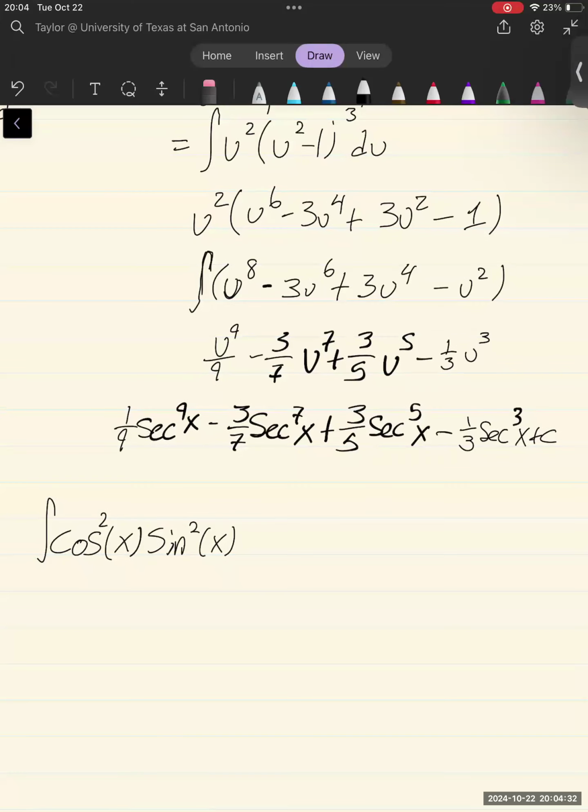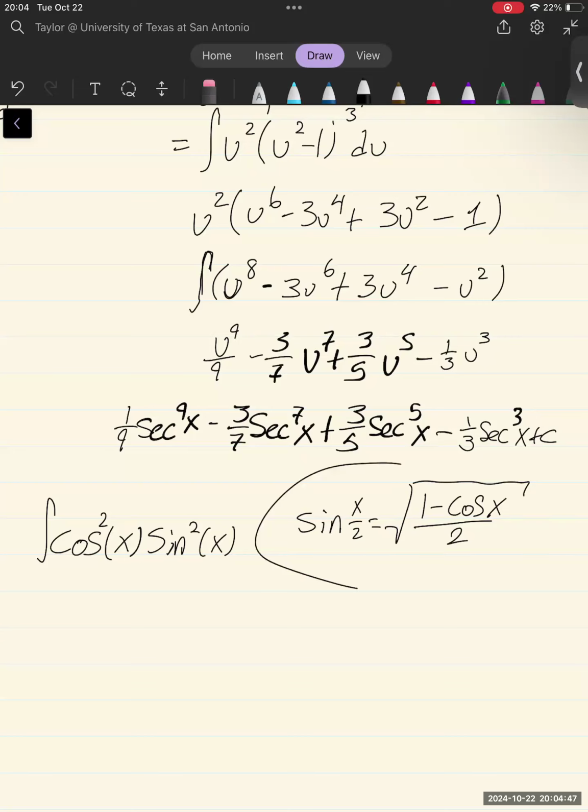That identity though is sine of x over 2 equals the square root of 1 minus cosine x over 2. And I'll be honest, while I was prepping, I didn't see anything like this. It was mainly this, where we use power reduction formulas.